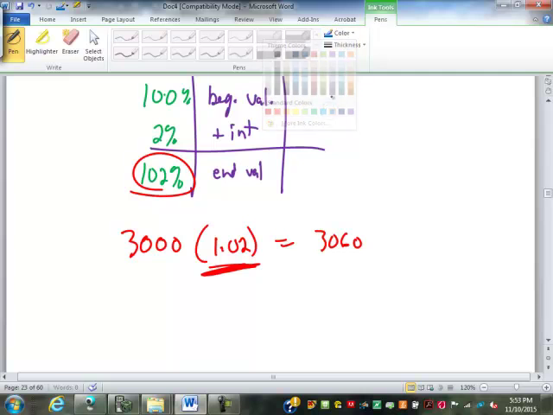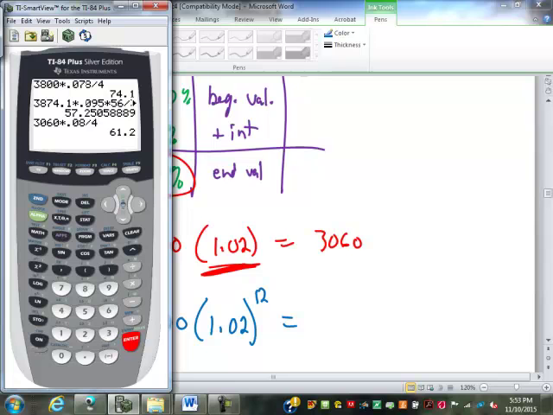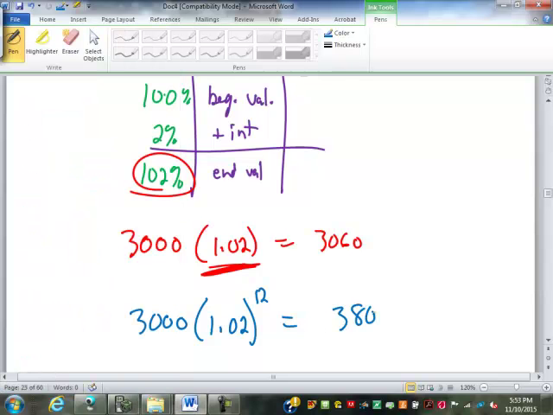In math, we have a shortcut by multiplying by the same number over and over again. It's power. So this would be 3,000 times 1.02 to the power of 12. $3,804.73.